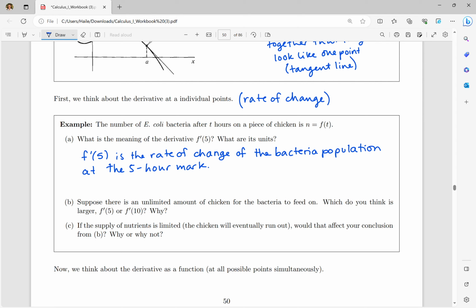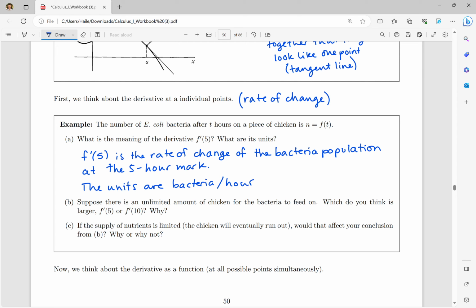And so in these applied situations, we always want to think about units. So here we've got number of bacteria per hour. So the units are bacteria per hour. So anytime you're dealing with a derivative, it's always going to have units that are some kind of unit divided by another unit. So a lot of times that'll be time, but not necessarily.